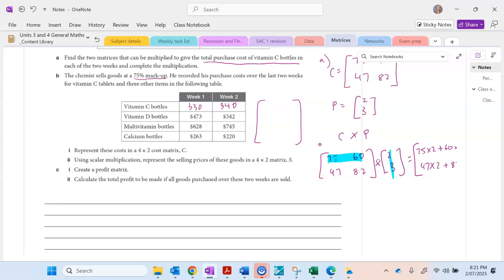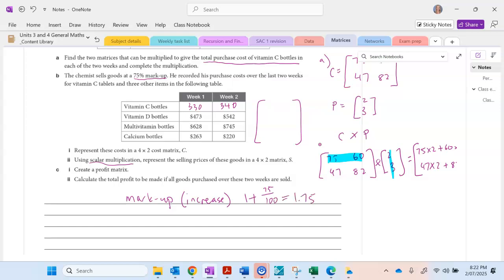Using scalar multiplication. So what that means, remember, is multiplying the whole matrix by one number. Represent the selling price of these goods. So it's being marked up by 75%. So when you have a markup, which is the same as an increase, it's 1 plus your percentage, so 75 over 100, which will give you 1.75.